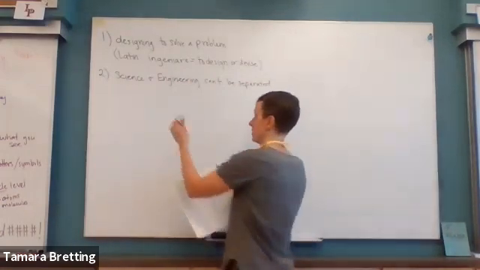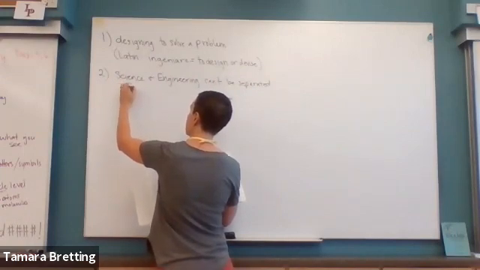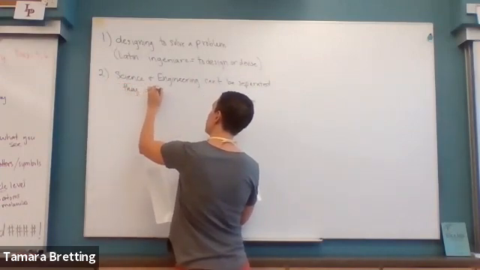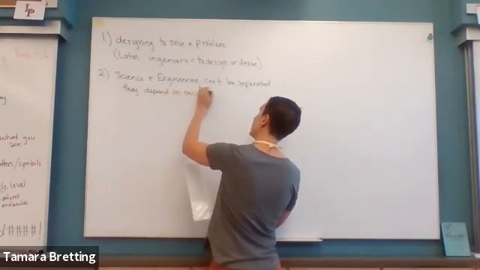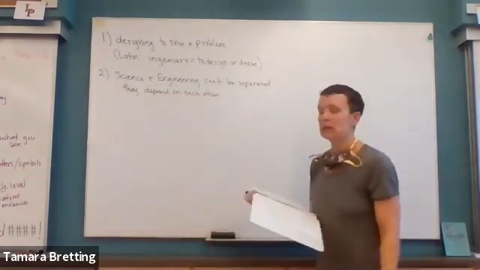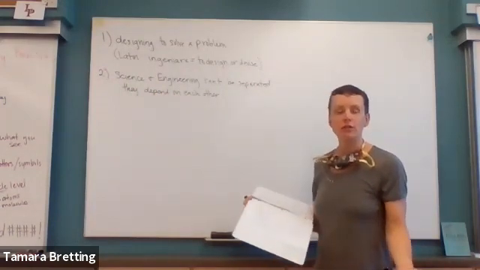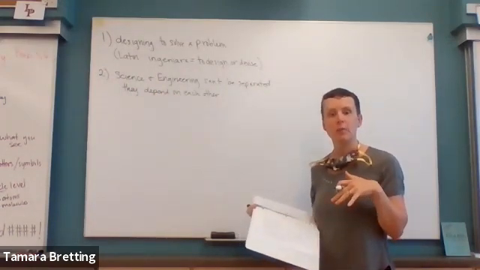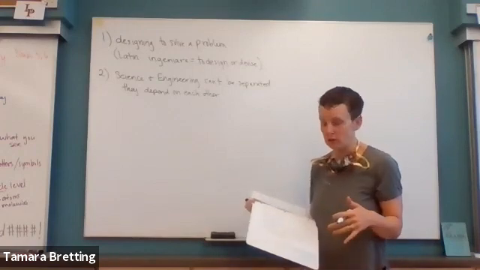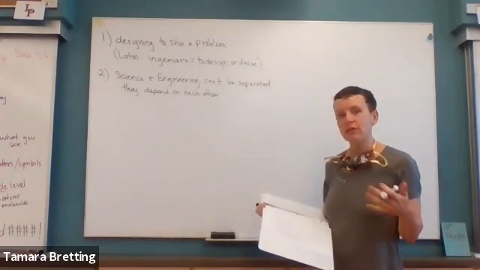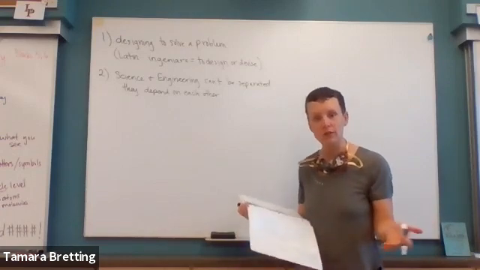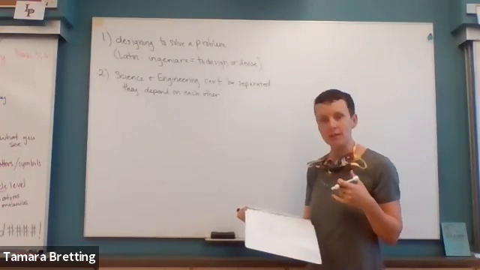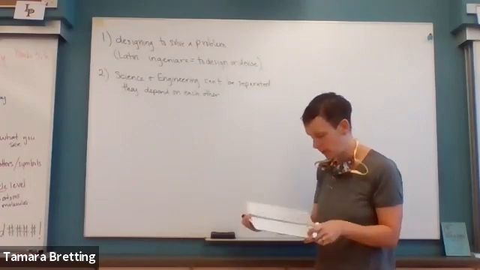They depend on each other. So we can't design and devise solutions to problems if we don't understand the science behind what we're using to create these solutions. But we also can't do advanced science without the tools that have been engineered for the use in science. So we're going to combine these subjects a lot because they are so intertwined.